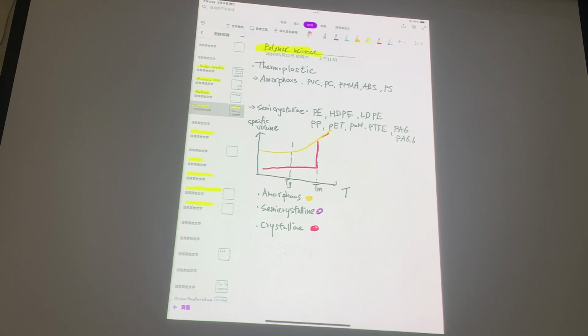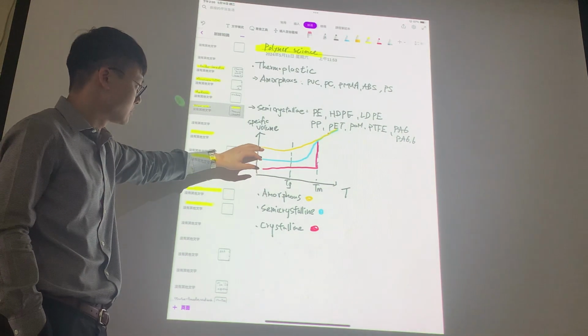And for semi-crystalline, so this line is the amorphous, semi-crystalline, and crystalline.